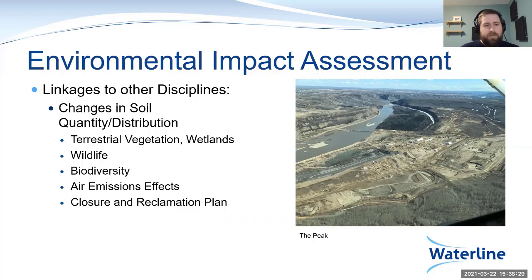So with respect to changes to soil quantity distribution, I'm not going to go through every single one here, but you'll get a common theme. The direct linkages are vegetation and wetlands, as far as loss changes in soils and landscapes, loss of wildlife habitat. There's loss of biodiversity, potential for acid deposition and dust deposition, and in the project description, there's linkages to the closure reclamation plan.